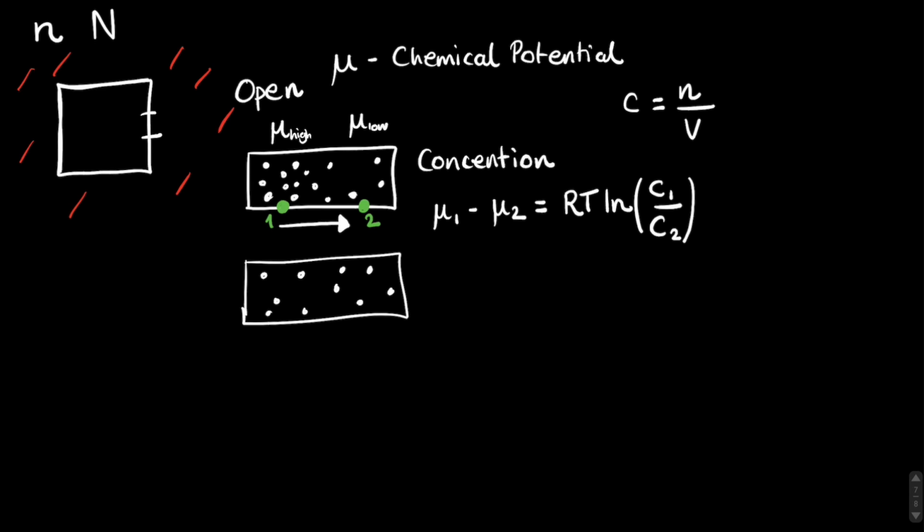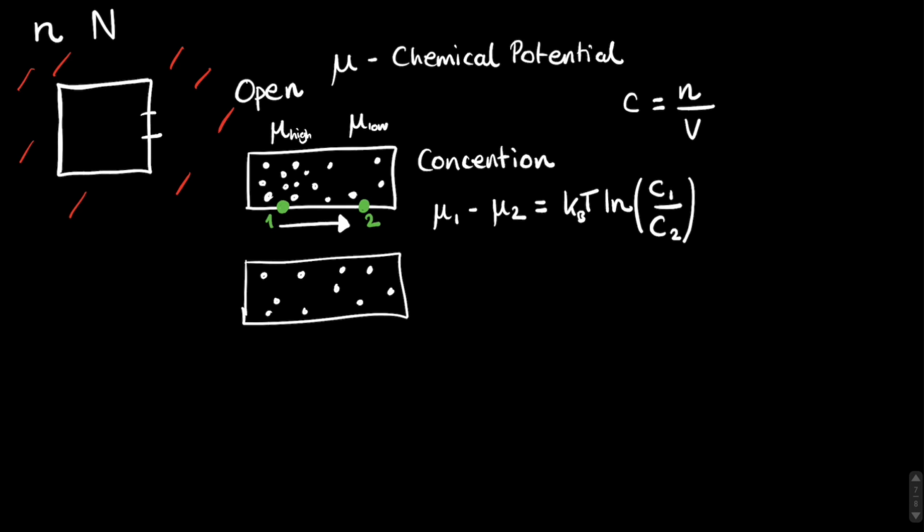It actually depends how you define the chemical potential. Sometimes you use the molar one, sometimes you use the molecular one, but you can easily convert between the two using the Avogadro number. I'm actually going to be using the molecular chemical potential, so I'm going to slightly change this formula. Rather than using the molar gas constant, I'm going to use the Boltzmann constant.